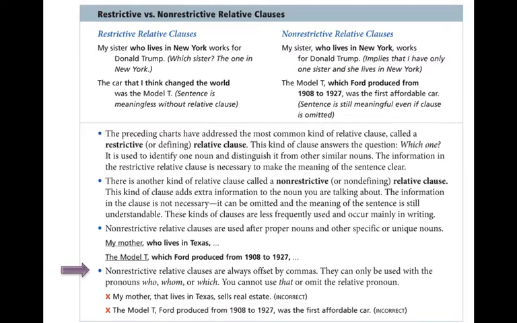You cannot omit the relative pronoun, as in this mistake. The Model T Ford produced from 1908 to 1927. You must write and say, the Model T, which Ford produced from 1908 to 1927, was the first affordable car.